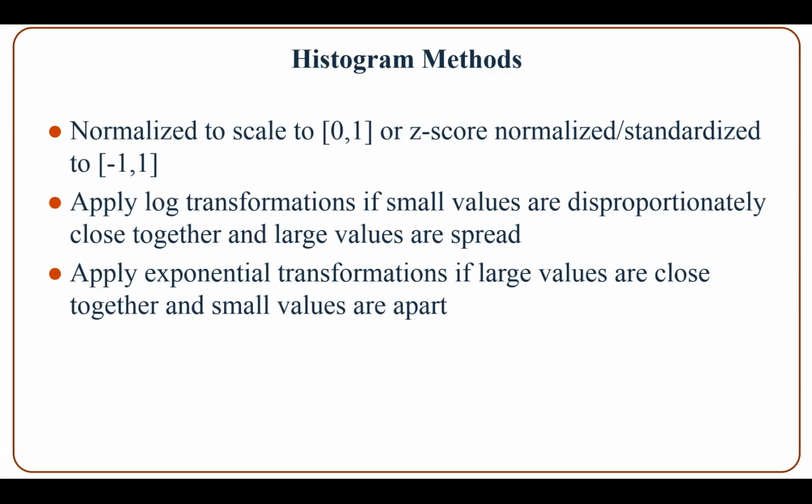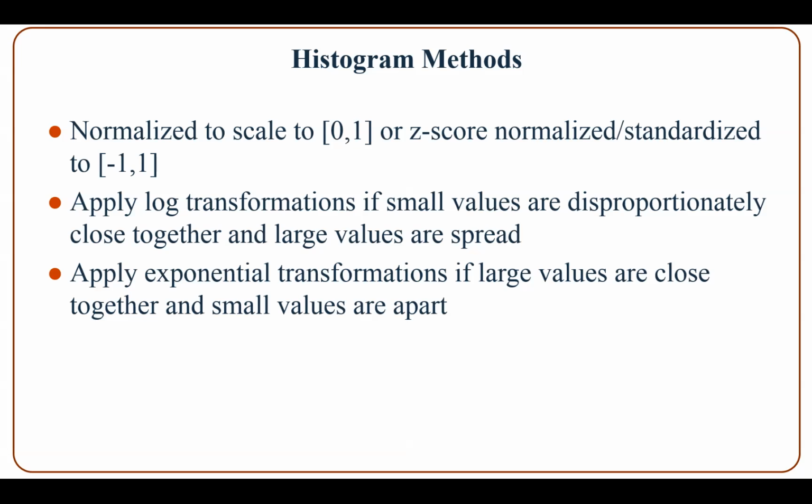In histogram methods, attributes are scaled to the range from 0 to 1 or standardized to -1 to 1. Log transformation may be applied if small values are disproportionately close together and large values are spread.